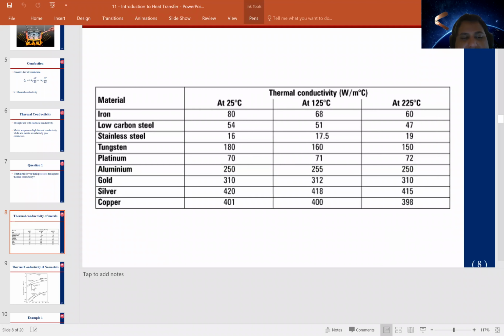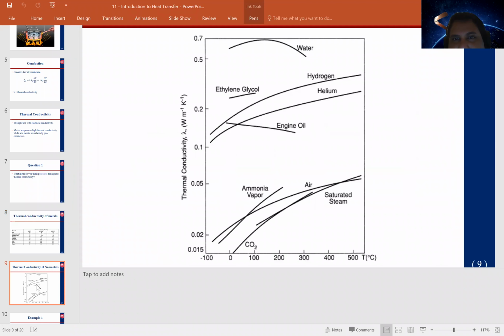Comparing this to non-metals, you can see several orders of magnitude can exist. And in general, what we find is that liquids have a higher thermal conductivity than gases, and solids will typically have a higher thermal conductivity than liquids, just because the energy that can travel via conduction is much better when the molecules are close together.